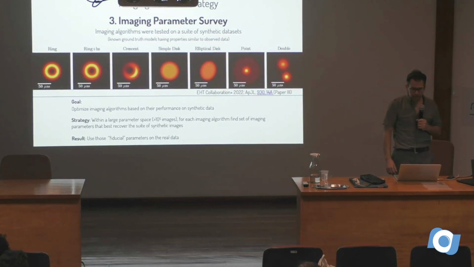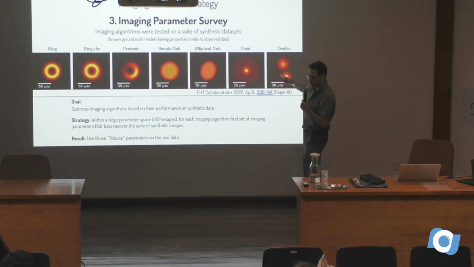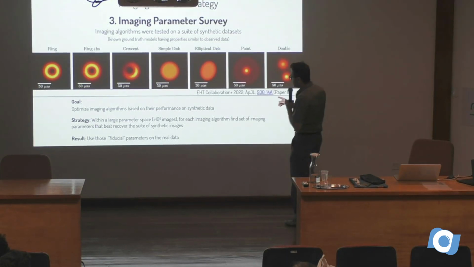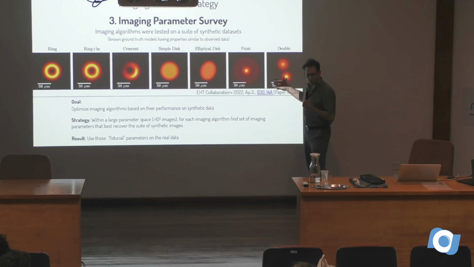The way it works is this. You start from these theoretical models. You create fake VLBI data that can correspond to these models. Then you take this data and you run it through your imaging pipeline, and you see the image that you get. Then you compare the image that you get with the ground truth, which is the starting point, and see if you get the same image or not.